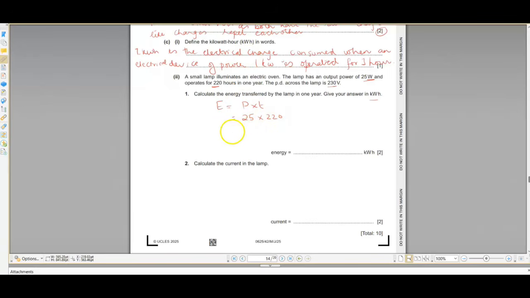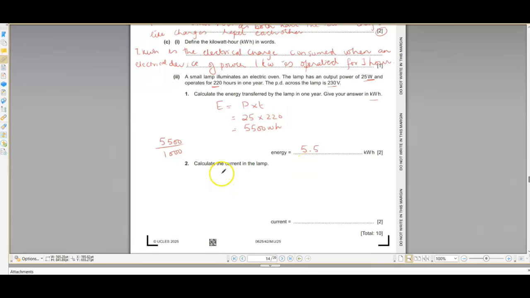So this is going to give us an answer in 5,500 watt hour, but we need an answer in kilowatt hour. So we are going to divide this 5,500 watt hour by 1000. So this is going to give 5.5 kilowatt hours. Okay, so this is done.